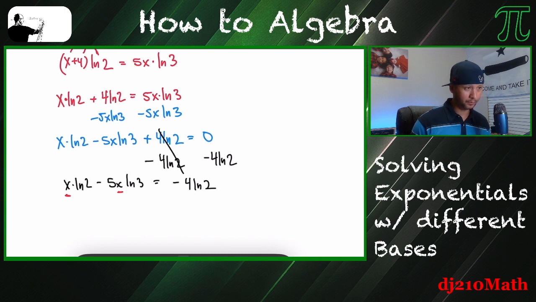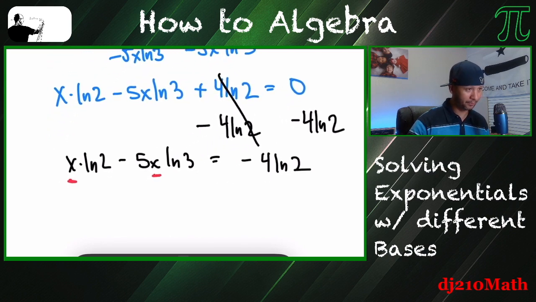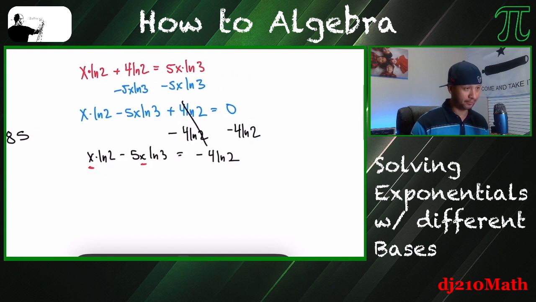So, you probably already can see where this is going. But on the left-hand side, I have a binomial, right? 2 things being subtracted. I need to factor out the x, right? I would say the GCF. But definitely we're going to factor out an x, right? The thing that's common to both is an x.